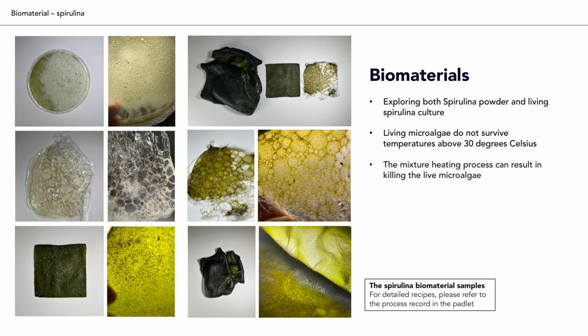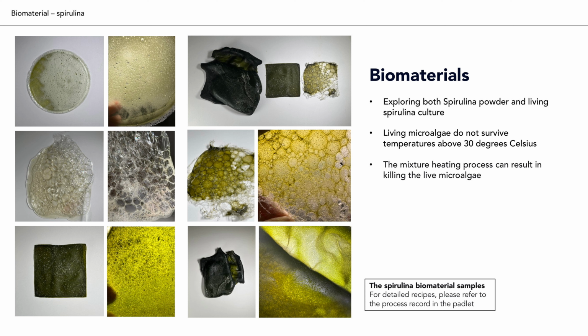Furthermore, I have made a lot of biomaterials related to spirulina, both spirulina powder and living spirulina culture. For detailed recipes, please refer to the process record in my Padlet. It is important to note that living microalgae do not survive temperatures above 30 degrees Celsius.